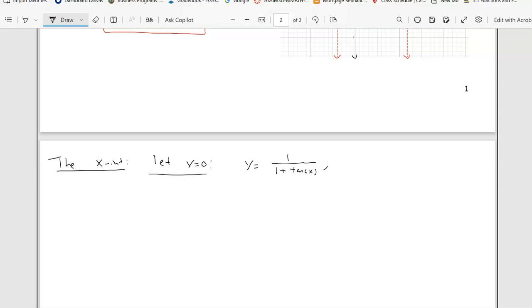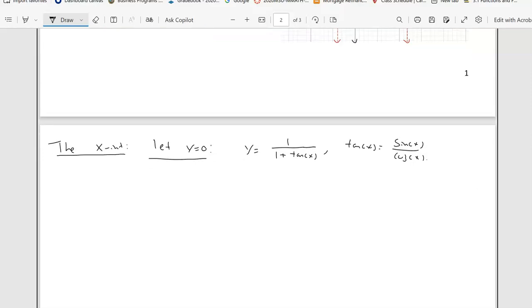you do the substitution of the tangent of x is equal to sine of x over the values of cosine of x. Now, at this point, we're gonna have that y is equal to 1 over 1 plus the values of sine of x over the values of cosine of x.